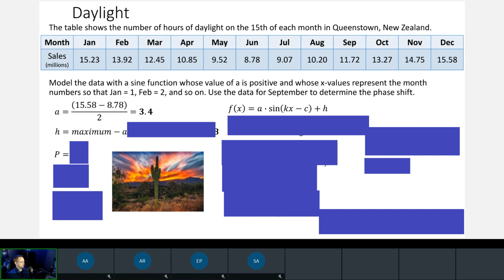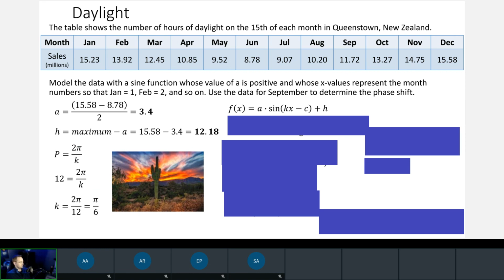I thought it was easier, just like some of you have said last question. And that's how we get 12.18 for H. So we have alpha, we have H. To find period, well, we know period is 12 because there's 12 months and then it starts to repeat. So that's why P is 12. We plug that in and we solve for K, and just like last question, K is pi over 6.